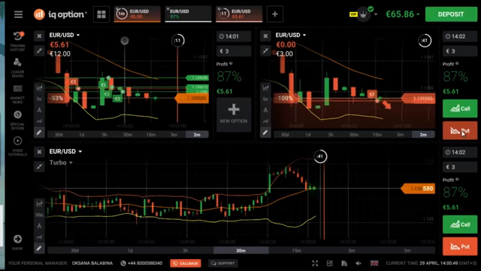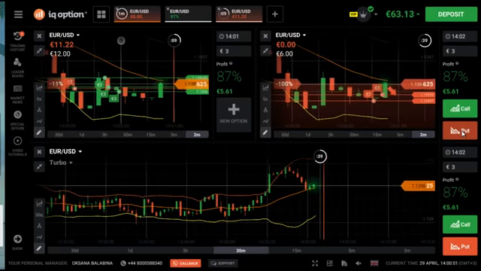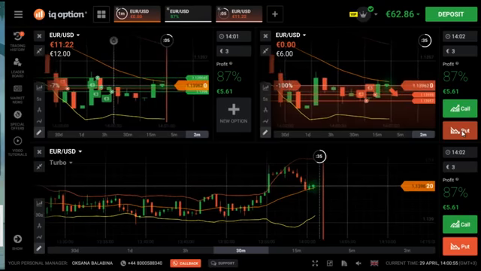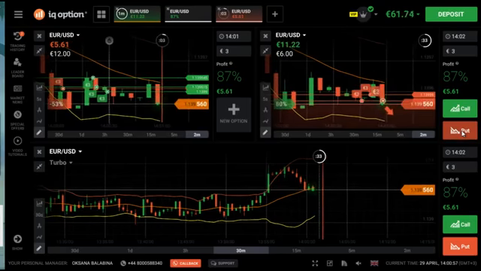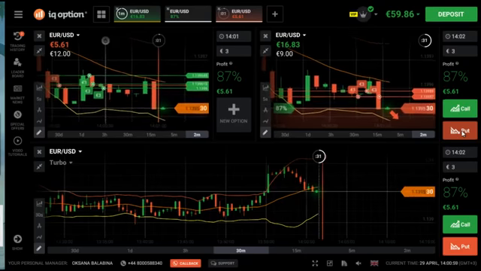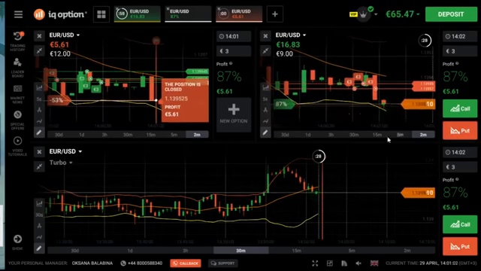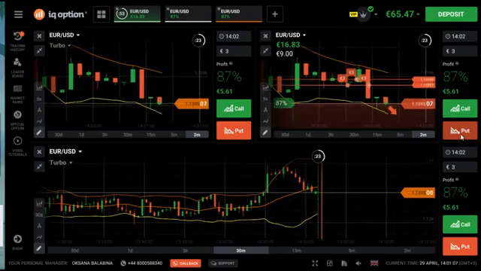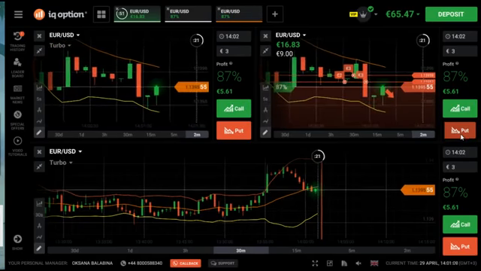Now I'm following it up on the secondary window. On the secondary window I'm going for the put because this downwards movement is pretty persistent.